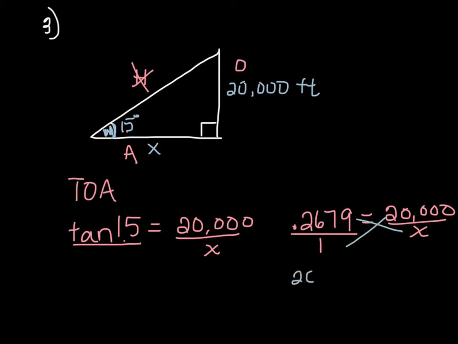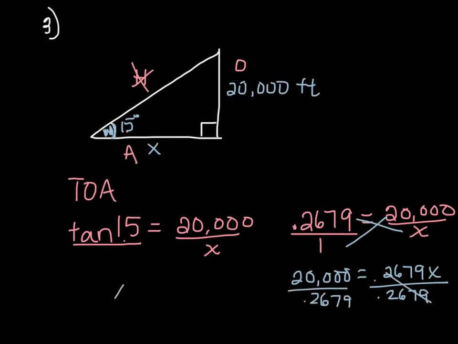So we'll have 20,000 equals 0.2679x. Divide by 0.2679 on both sides. And the answer here was 74,655, I think. I don't know about the 6, but I know it ended in a 55 when you round it to the nearest foot.